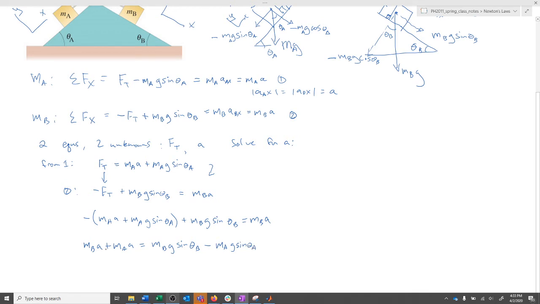And then we could factor out this a here, and then divide by that factor. And so we would end up with a equal to m_B g sine theta_B minus m_A g sine theta_A, all divided by m_B plus m_A.